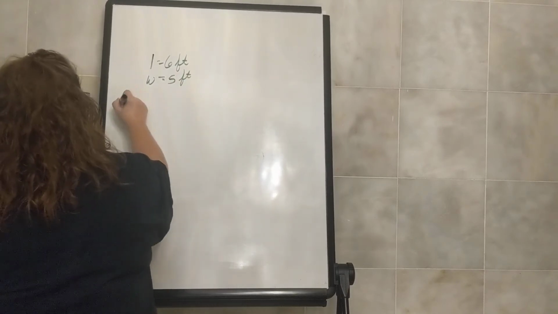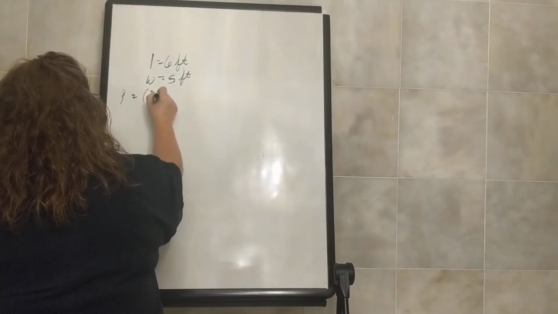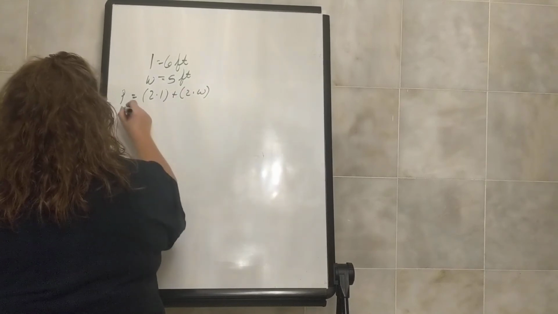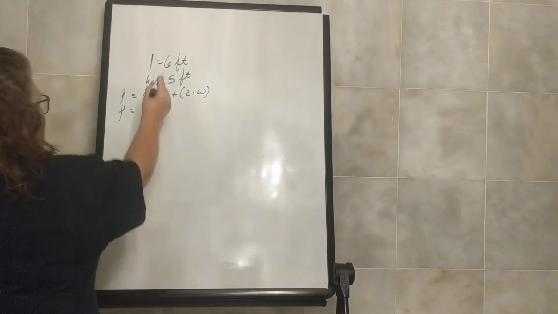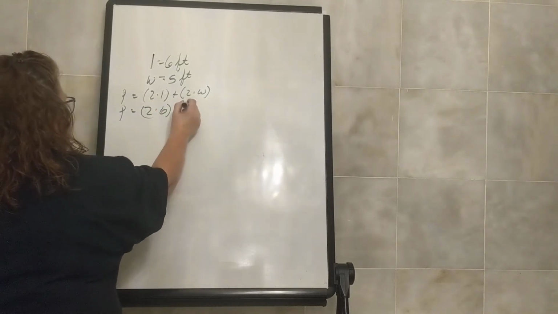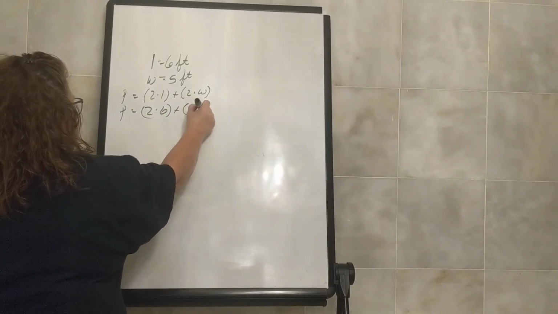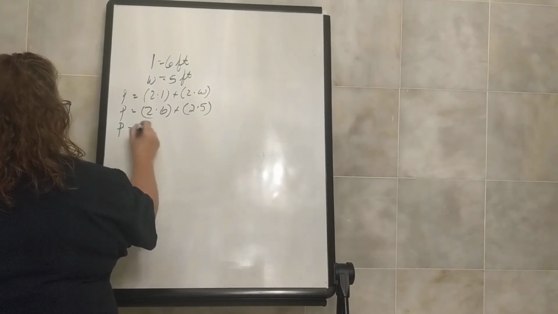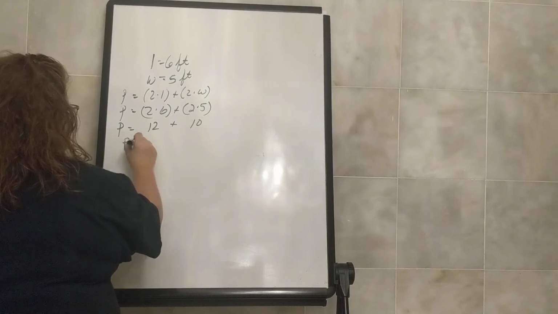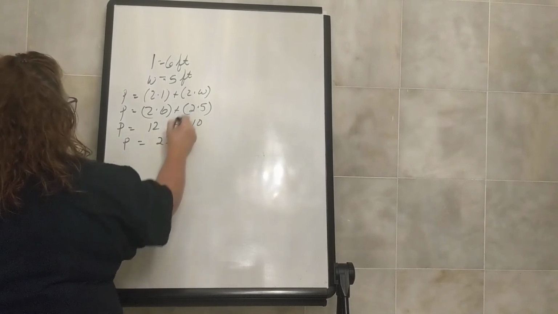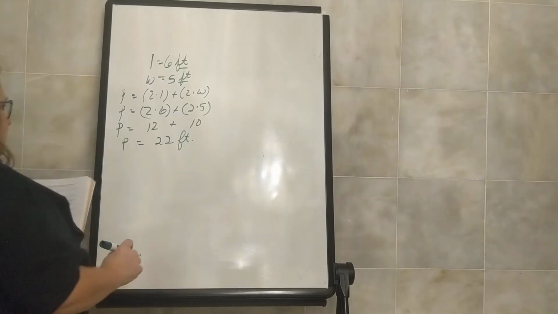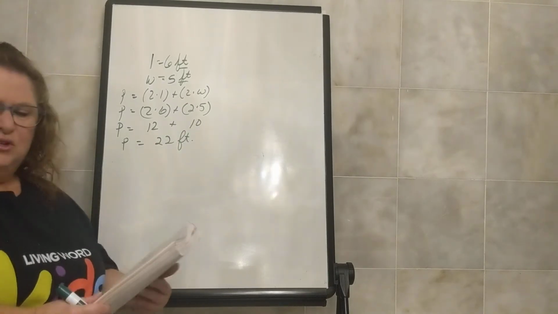Our formula is perimeter equals 2 times the length plus 2 times the width. Perimeter equals 2 times 6 plus 2 times 5. Perimeter equals 12 plus 10. Perimeter equals 22, and our measurement is feet. Okay? So that is how you're going to do those problems.